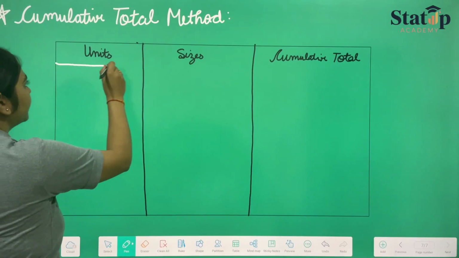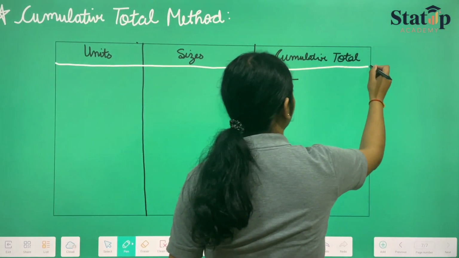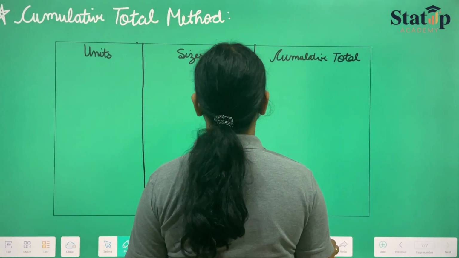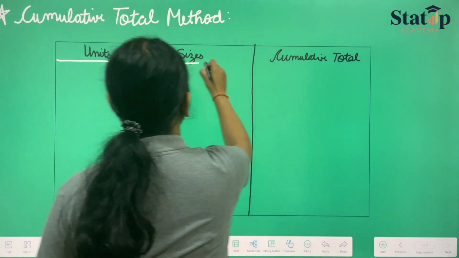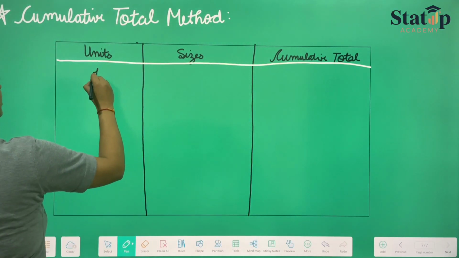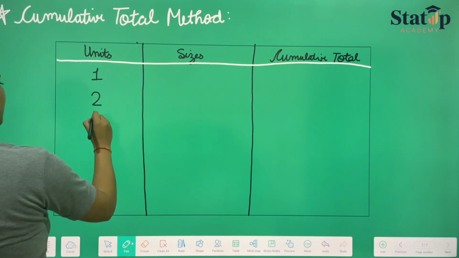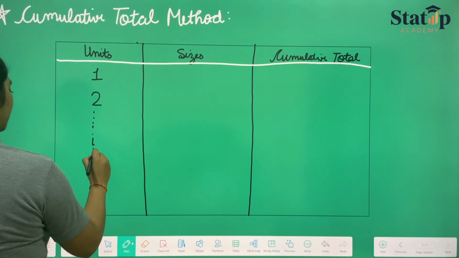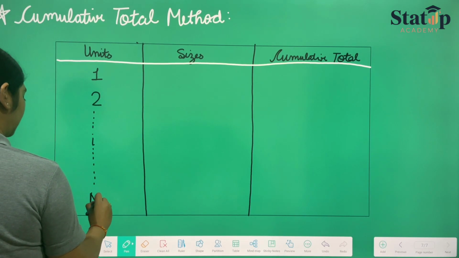So here these are unit sizes and cumulative total. First is selection of the first unit, then second unit, then ith unit, then nth unit.